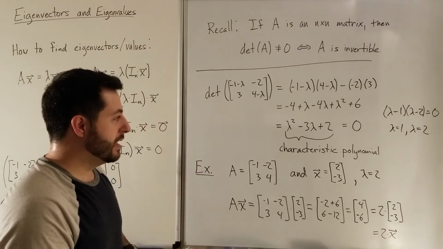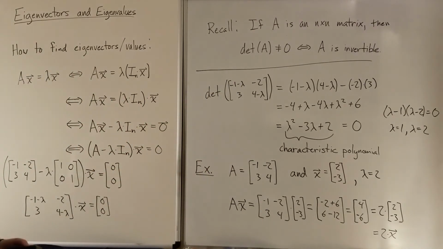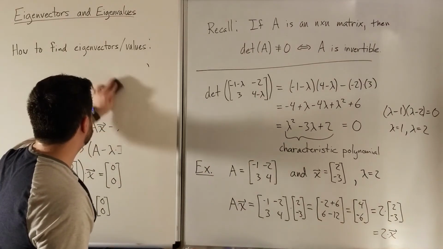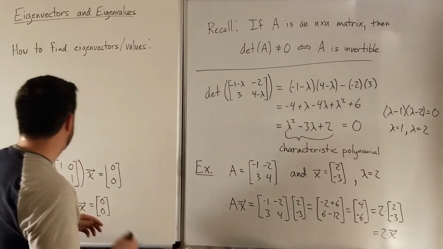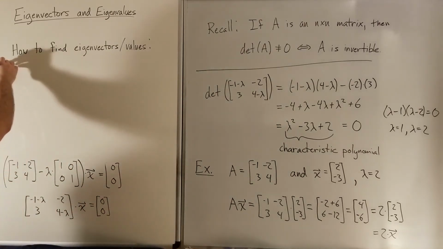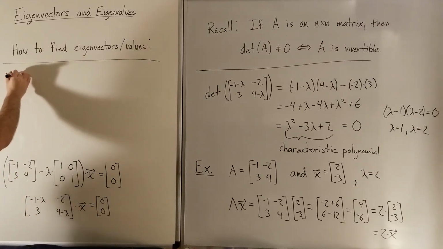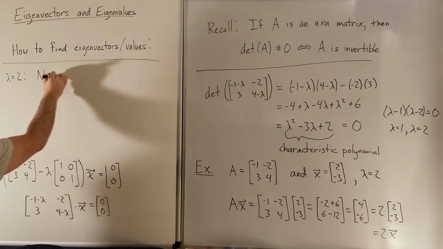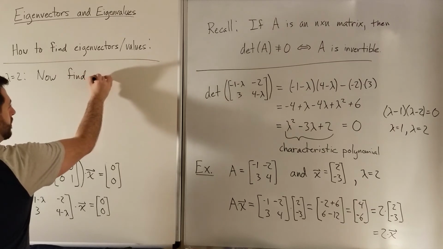Once you have the lambda, then you can go back and find the corresponding eigenvector by plugging that lambda in. So let's do that now. We've already found the eigenvalue lambda equals 2. Now we're going to find the vector.